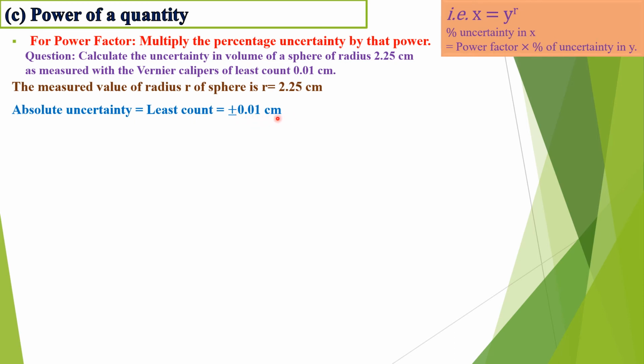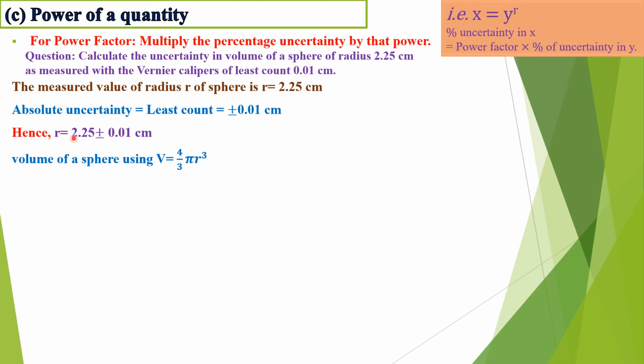This is delta r, because we know that absolute uncertainty or least count is represented by delta r for radius, and we write the measured value as r is equal to 2.25 plus minus 0.01 centimeter. Here 2.25 is our measured value, and the absolute uncertainty in this value is plus minus 0.01 centimeter. In the question, we need to calculate the volume of a sphere.